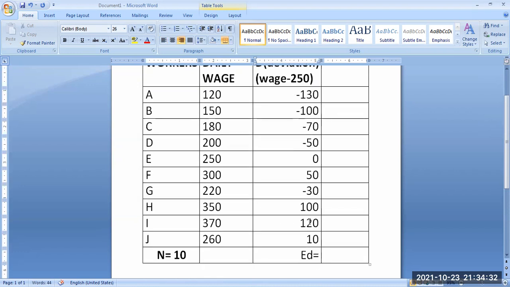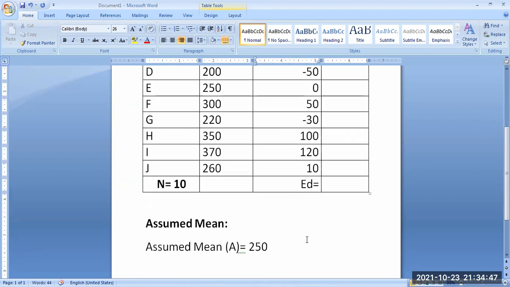See what is the total of this? Is it minus 100? You check once. For me, minus 100 is coming.